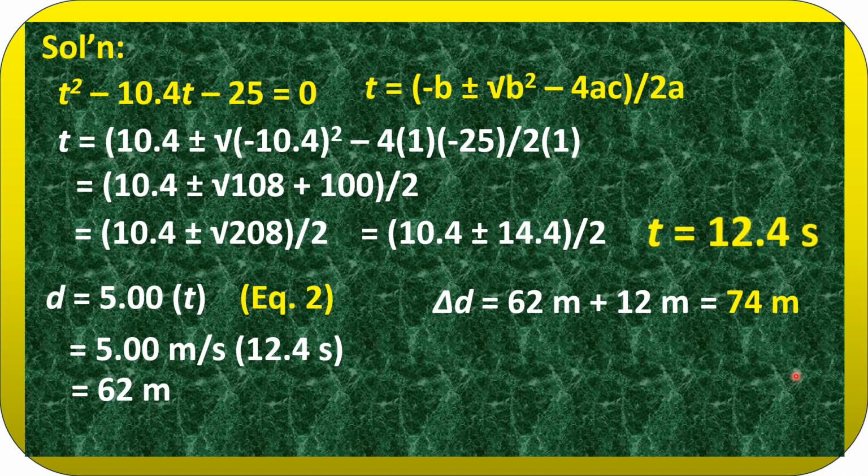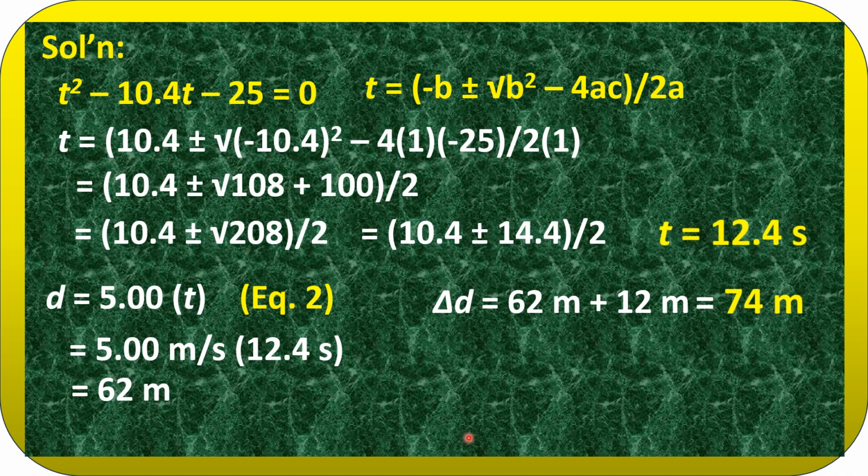Because you are running with a constant acceleration, that means from an initial speed of 0, what will be your final or maximum speed the moment you catch up with the bus?